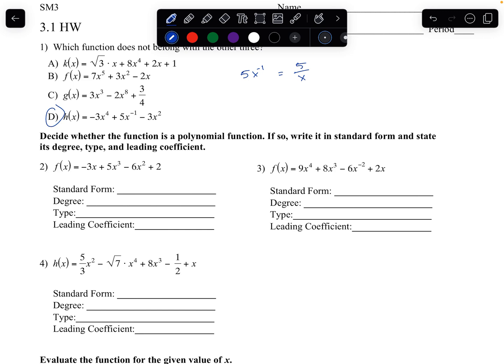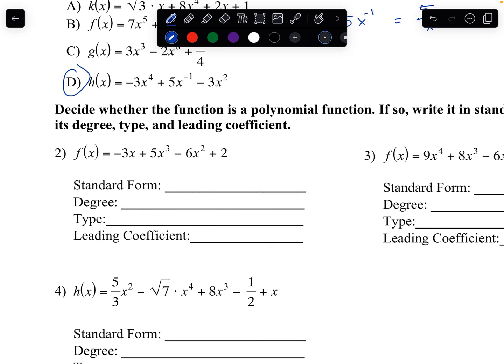Is it in standard form? No, it is not. To be written in standard form, we need to have the powers of each term written in descending order. So the first term in this one, if we're writing it in standard form, should be 5x to the power 3.